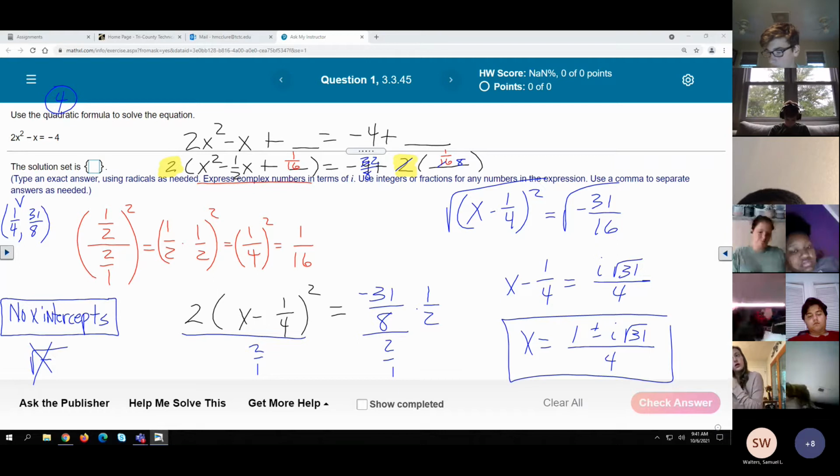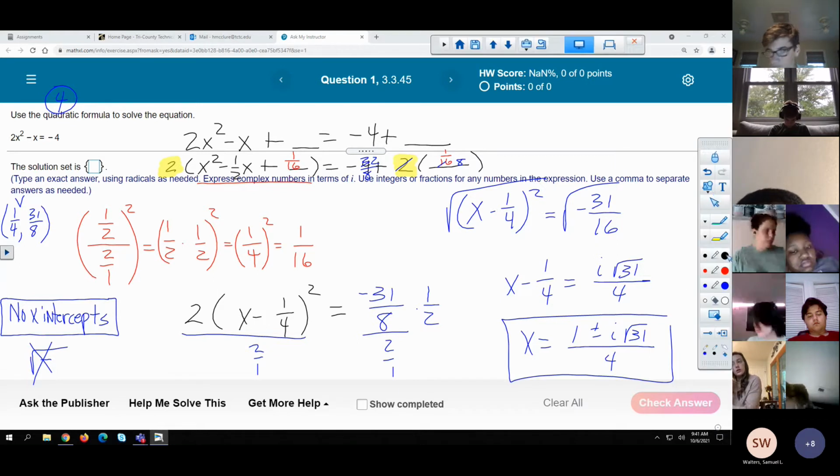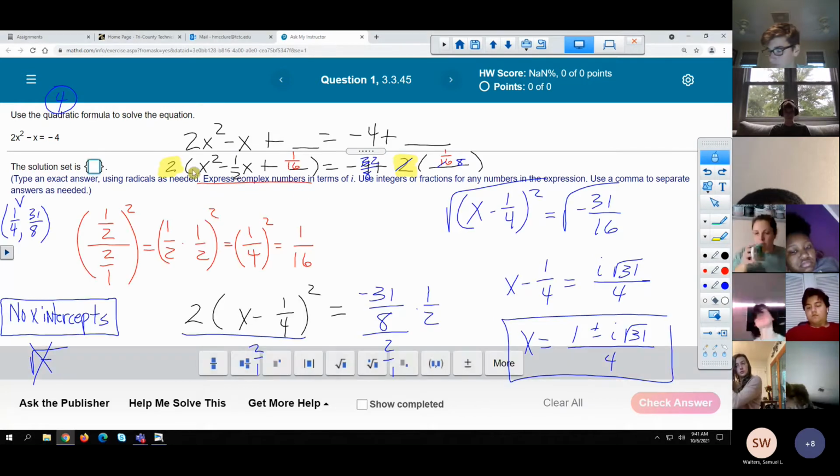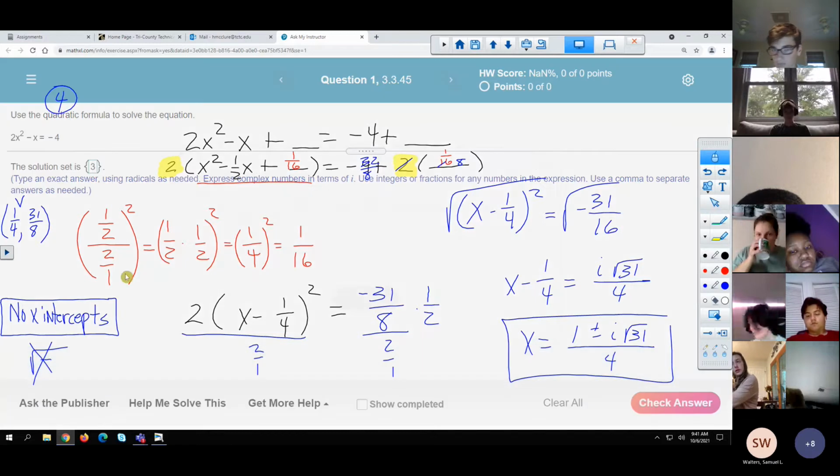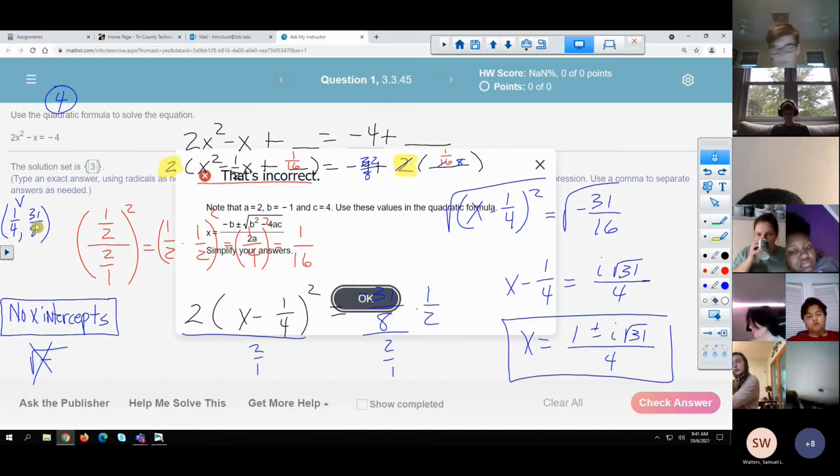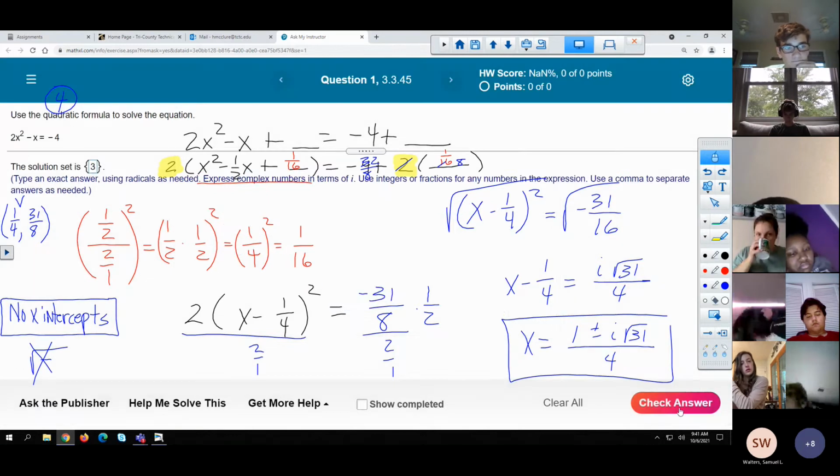They want the X-intercepts, which is this right here. So I'm just going to type in 3. Now, of course, you didn't need the vertex. You didn't have to write the vertex down right here. And you didn't have to write the Y. That's just extra.